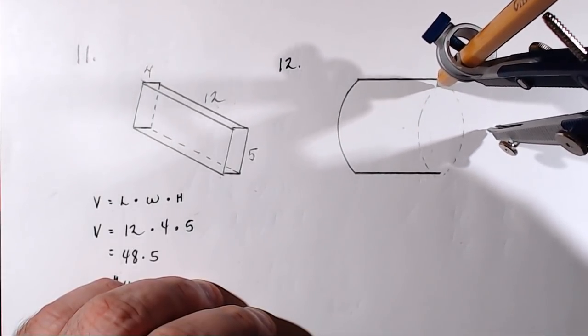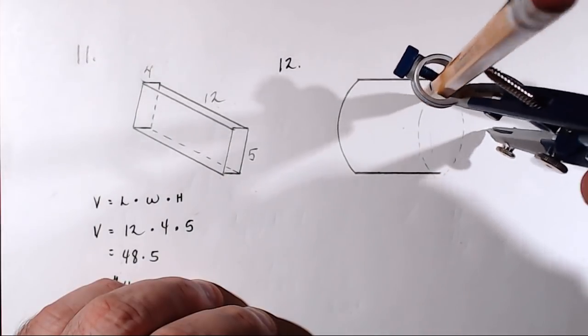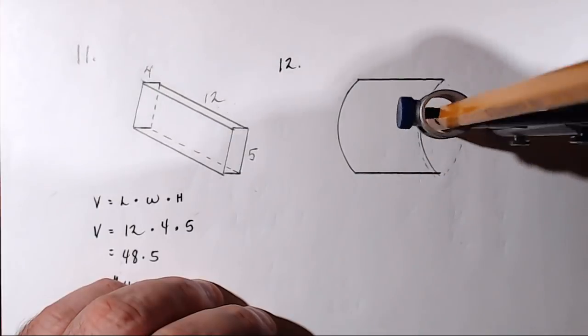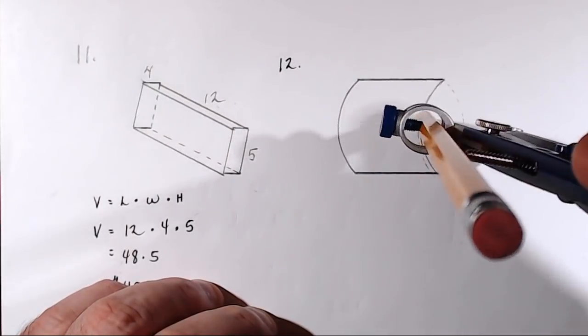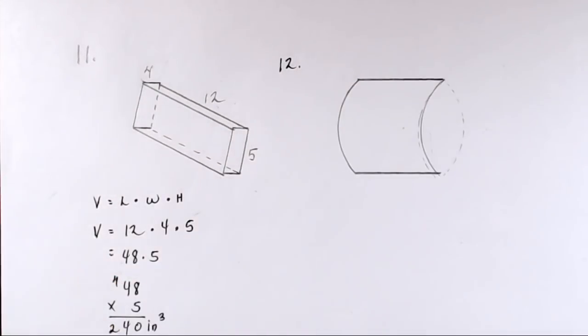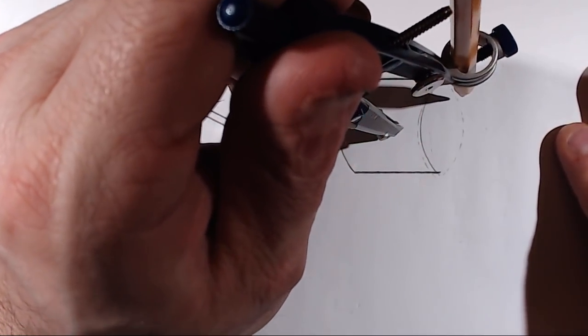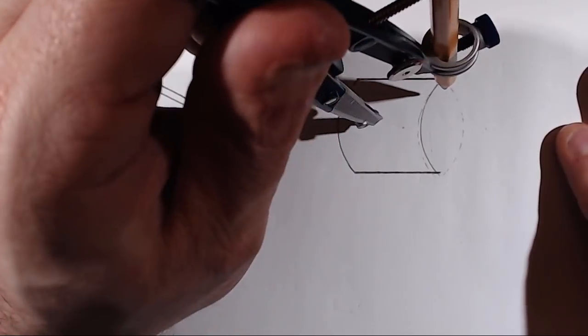I see what's wrong. I'm not properly bisecting this angle. Okay, so this is our cylinder. See if I can't make this a little bit more clear.